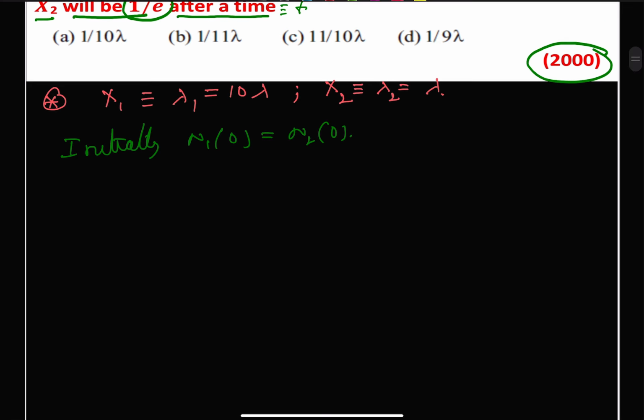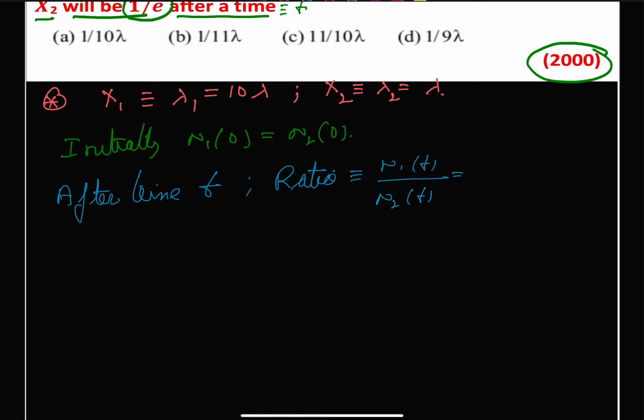So you can say after time t, the ratio, which basically is N1t upon N2t, is equal to 1 upon e. So we have to find out the value of t.